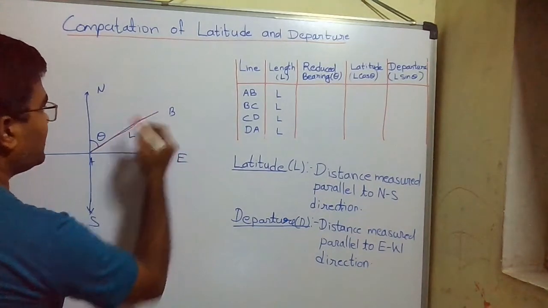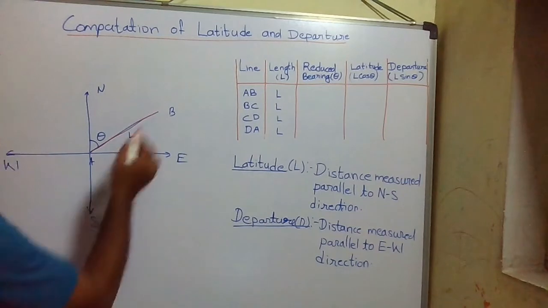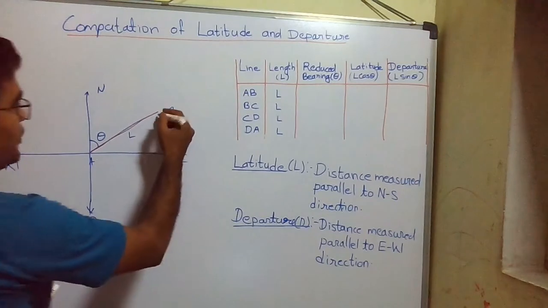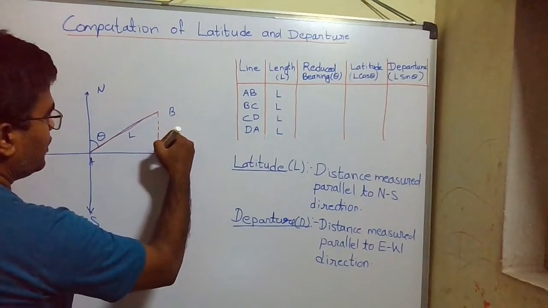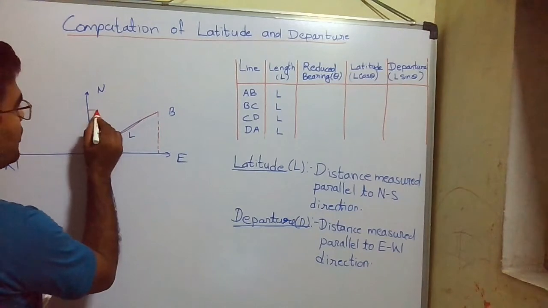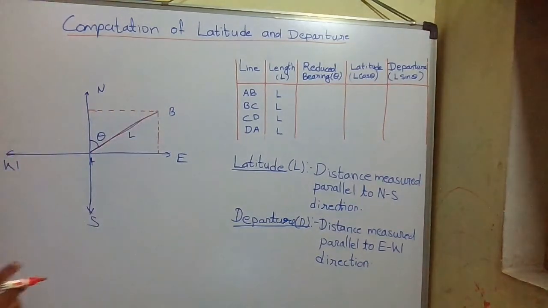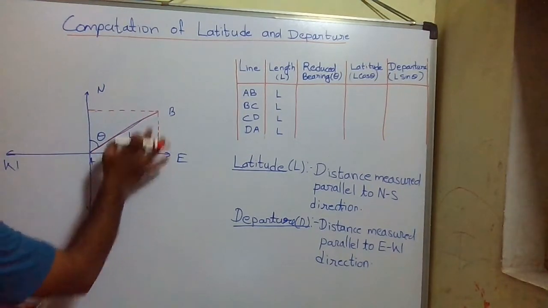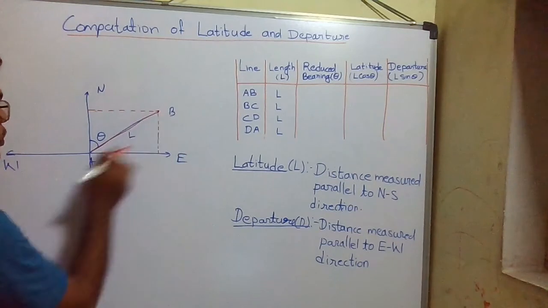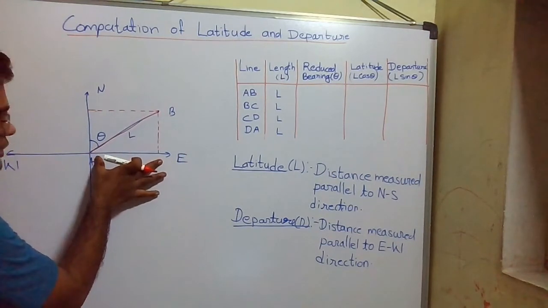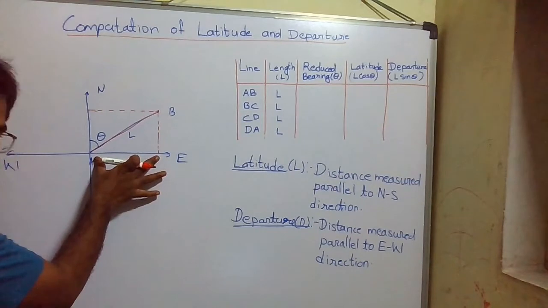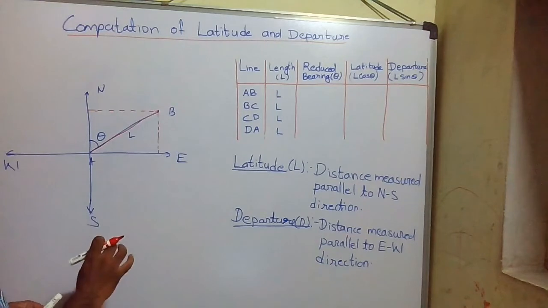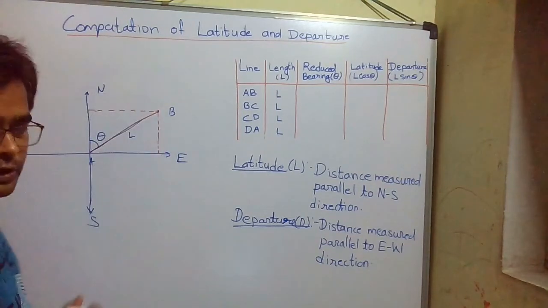Now, distance parallel to north-south means if we draw the projection of this line, or we draw the components of this line, it will give the distance of this point B from point A. This is the horizontal distance, that is the distance along the east of point B, and this gives the distance along the north of the point B.